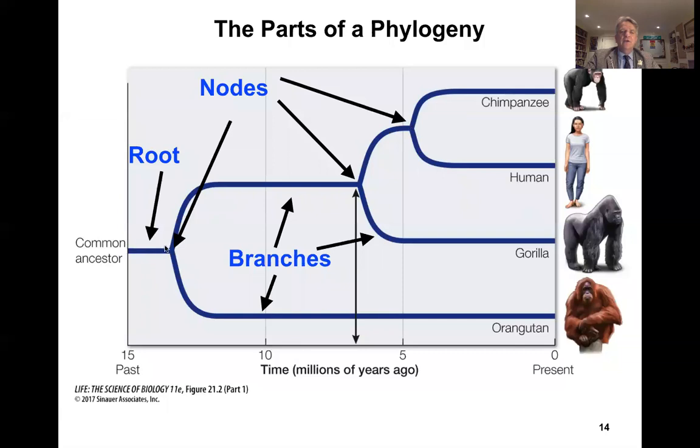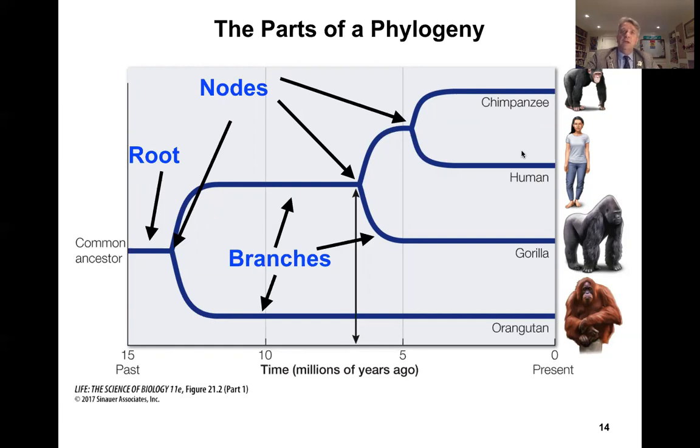Going back, the branch that connects the common ancestor node we refer to as the root node, and all of the nodes essentially are inferred common ancestors. So we would say this node here represents the hypothetical common ancestor or most recent common ancestor, often abbreviated as MRCA, between the chimpanzee and the human.